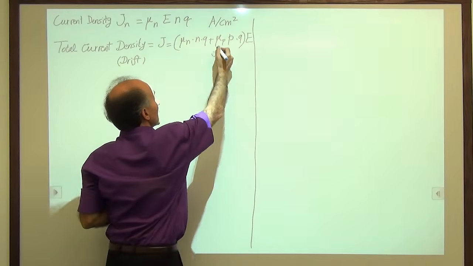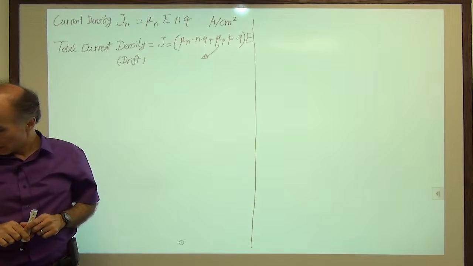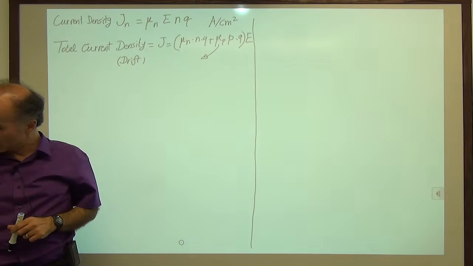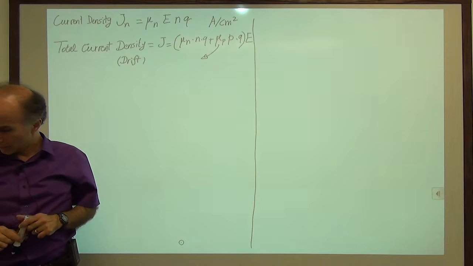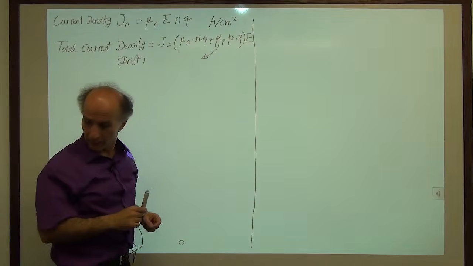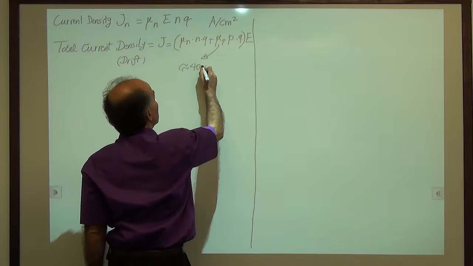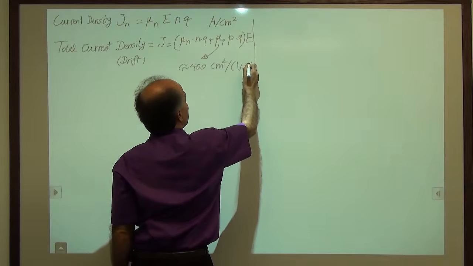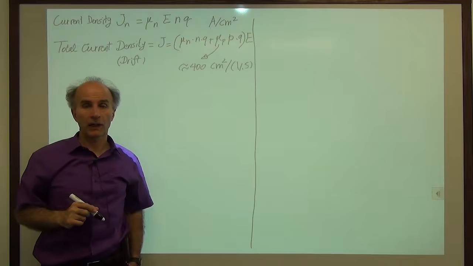By the way, the mobility of holes is equal to, let's see, how much is that? I think it's about 400 centimeters squared per volt second. I don't quite remember, but something in that range. So it's quite lower than the mobility of electrons.